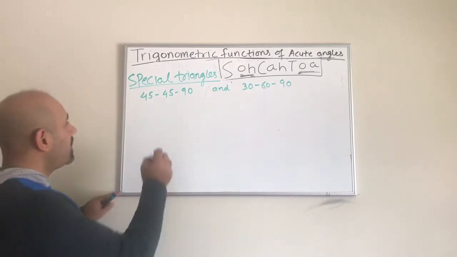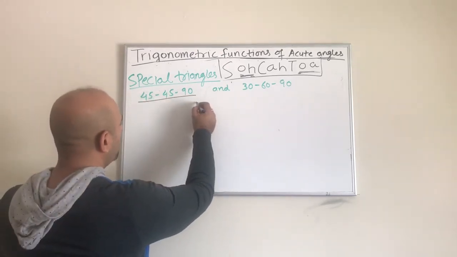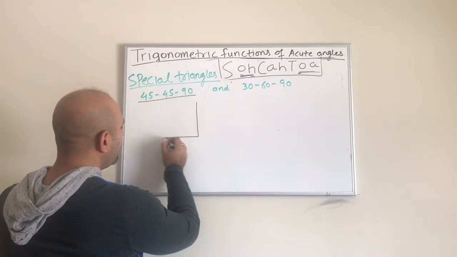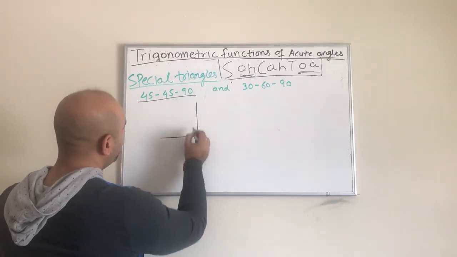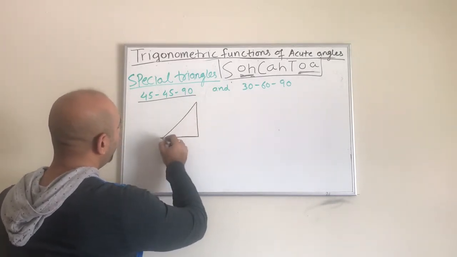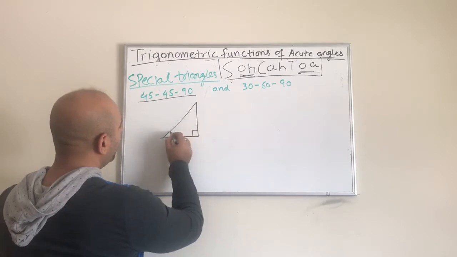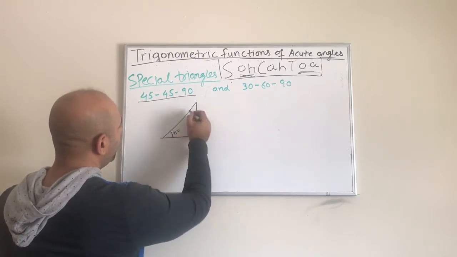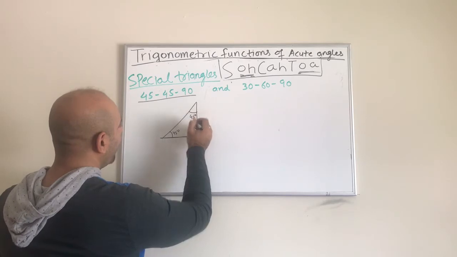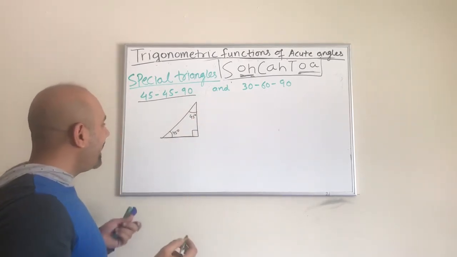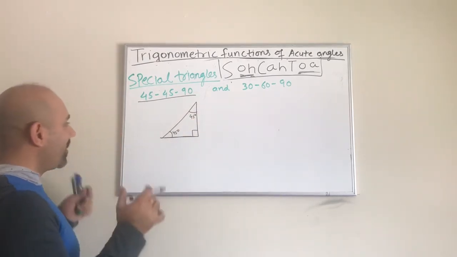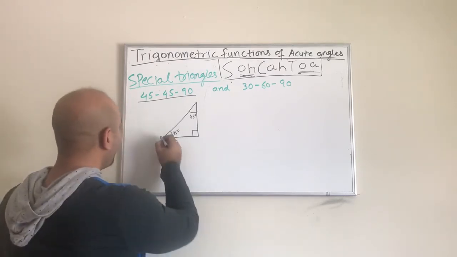So let us first draw this triangle. It's going to look more like this, where this is 90 degrees, this is my 45, and obviously this is also going to be 45. Guys, keep in mind this is not drawn to scale, and I don't have a ruler to actually draw it to scale, but I'm going to try my best.